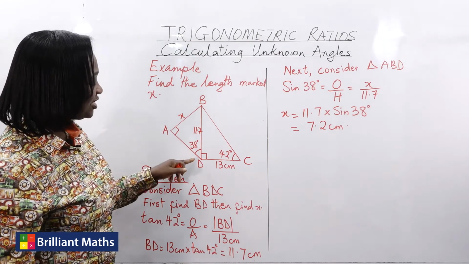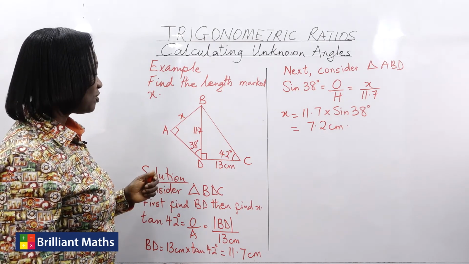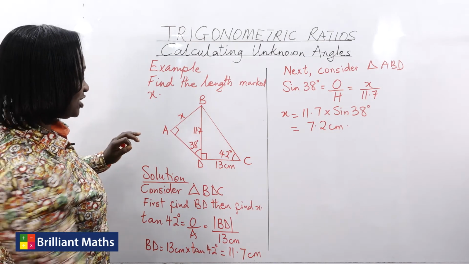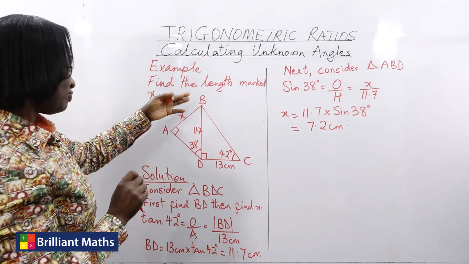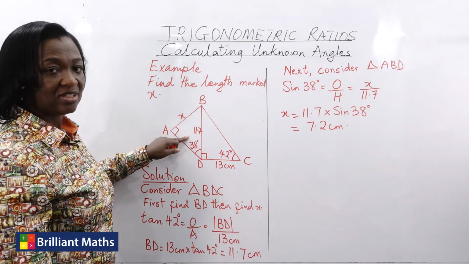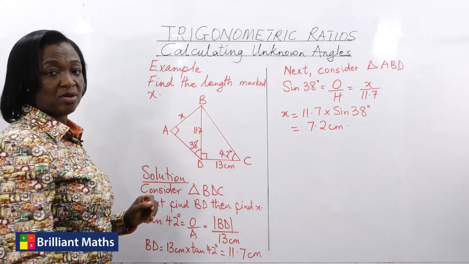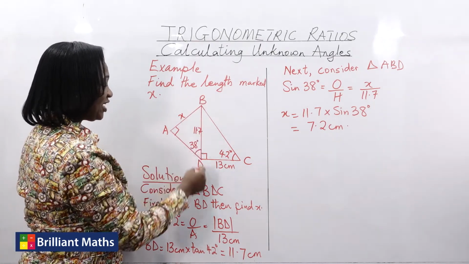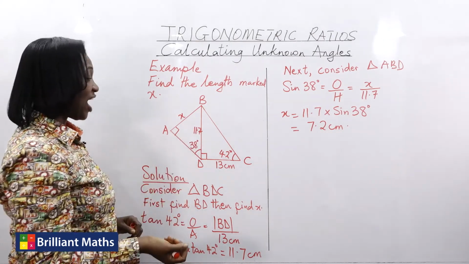We have the angle at D, which is 38 degrees. So what are we supposed to use? To find x, we need to consider triangle ABD. From triangle ABD, the sine of 38 degrees is equal to the opposite over the hypotenuse. You must note that the hypotenuse of triangle ABD is 11.7, the line opposite the right angle.